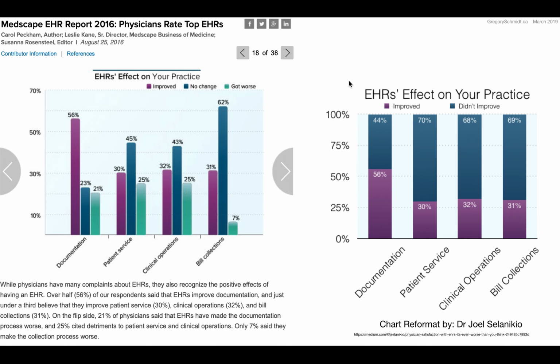The figure we're looking at here on the right is a chart which was rebuilt by Dr. Joel Solanchio. And he took the data here from the initial Medscape 2016 report and summarized the no change and got worse columns. And so as we see in the more dramatic view here on the right, the overall impression is that EHRs did not improve their practice.